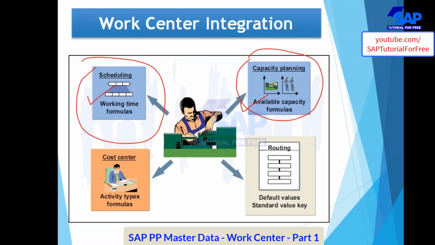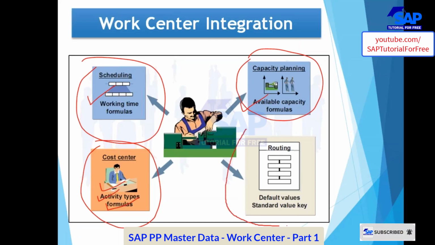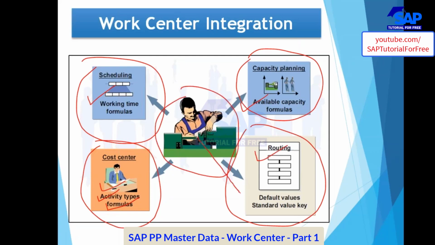Work center is also used for costing purposes, to calculate your production cost. The data maintained in the work center will be used with activity types and formulas. And one more thing, the work center is used in routing, and whatever data you maintain in the work center will get copied to the routing. So these are the functions where you will be using the data maintained in the work center.